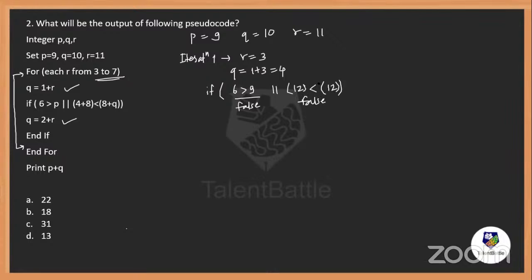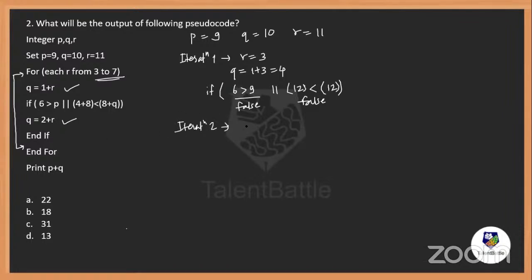It means my if condition is giving me false results. So this part of the condition will be ignored, but my iterations are still going on. So we have to check for the further values of iteration.